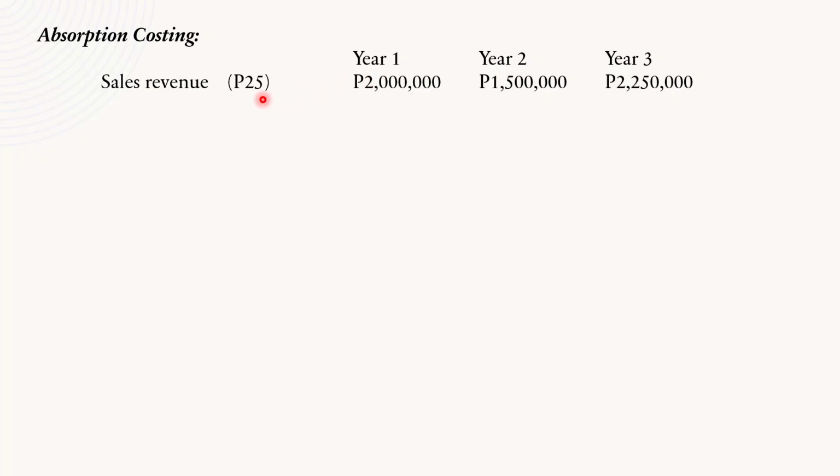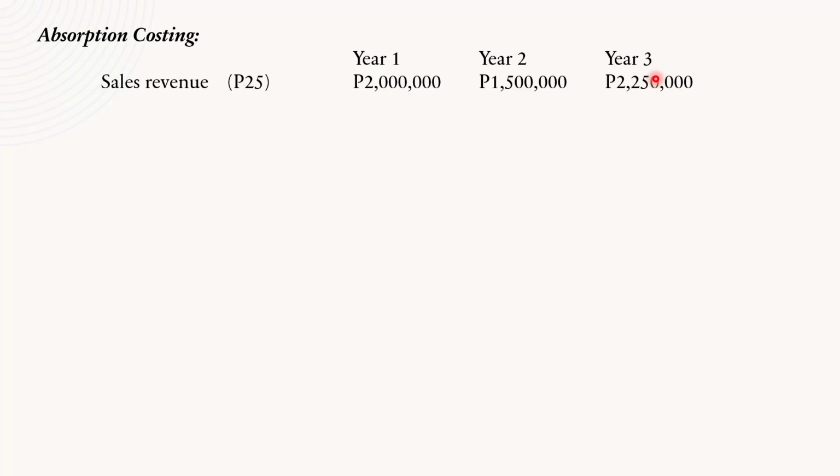Year 2, sorry, 60,000 rather. 25 times 60,000 in year 2, 1.5 million. And then in year 3, 25 times 90,000, 2,250,000.